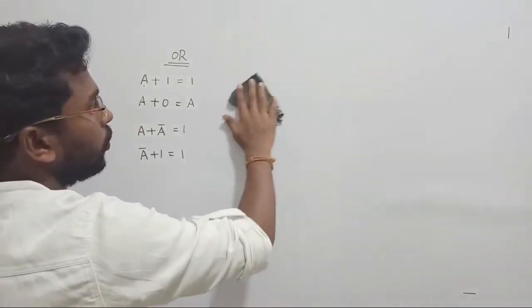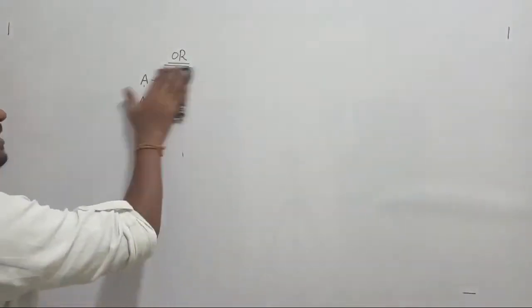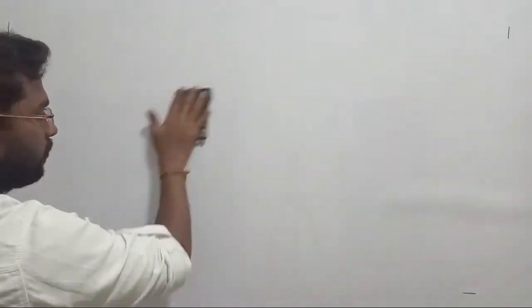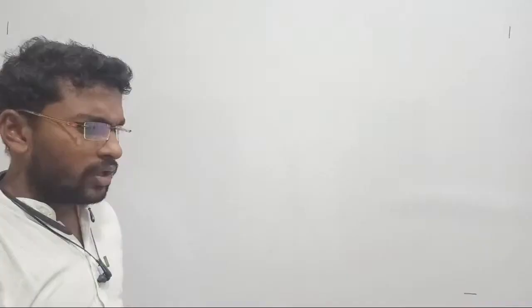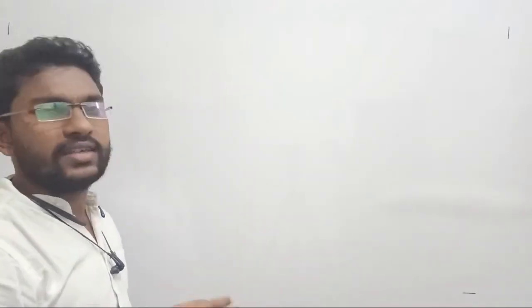Let us slowly enter into the gates, right? And then we will perform the basic things. Now what are we going to do? Since we are in Boolean algebra, with the help of this binary number system, first we are going to design the basic switches, and then with the help of these basic switches, we are going to perform various operations inside the circuit.